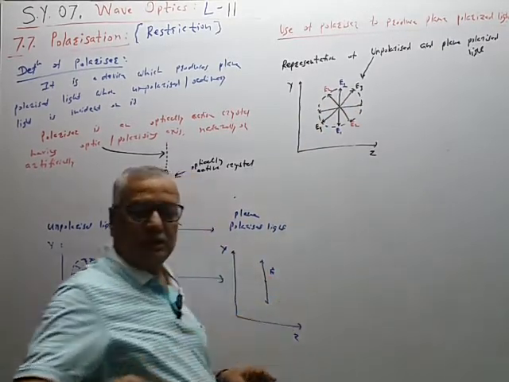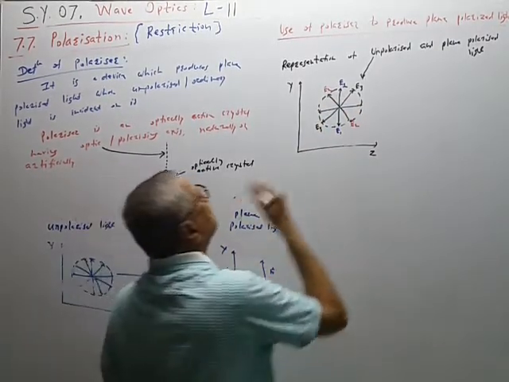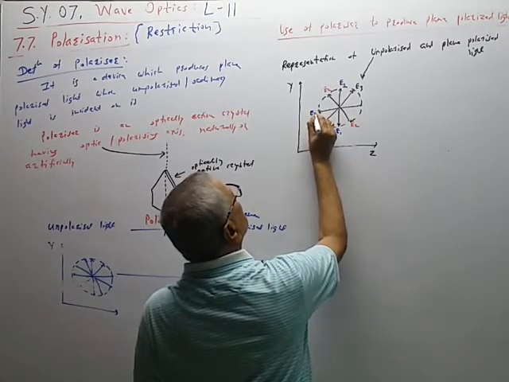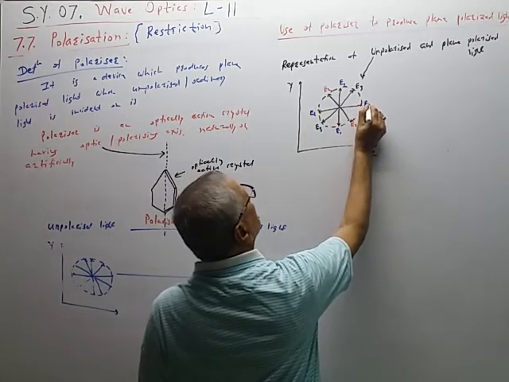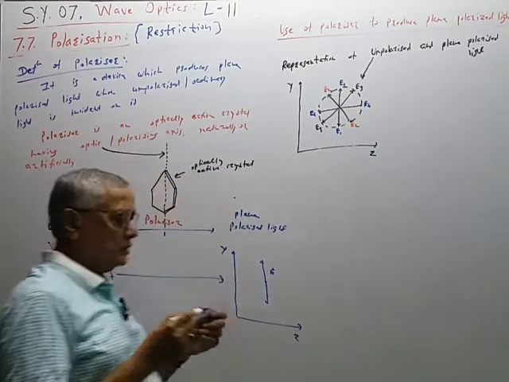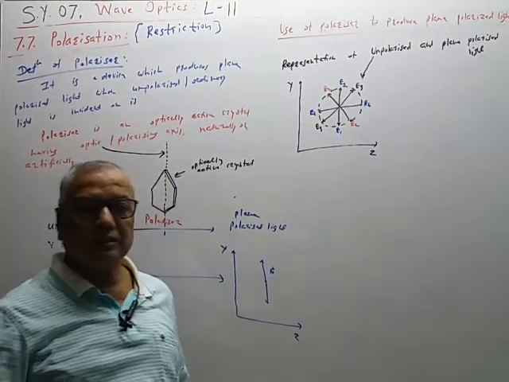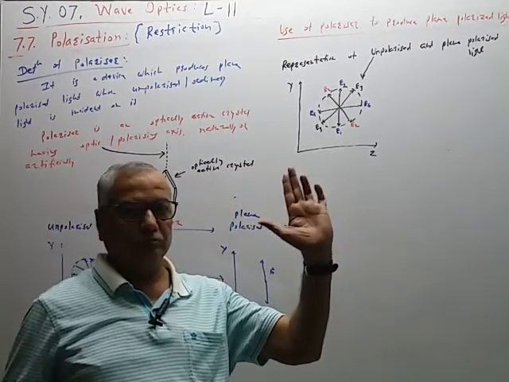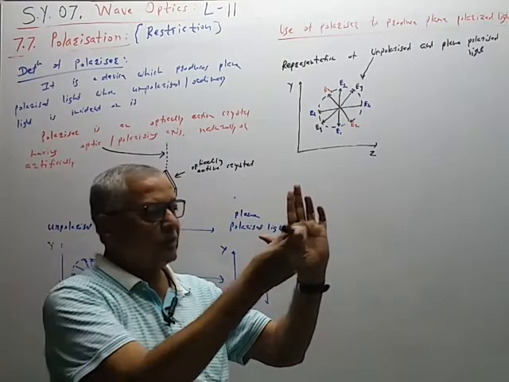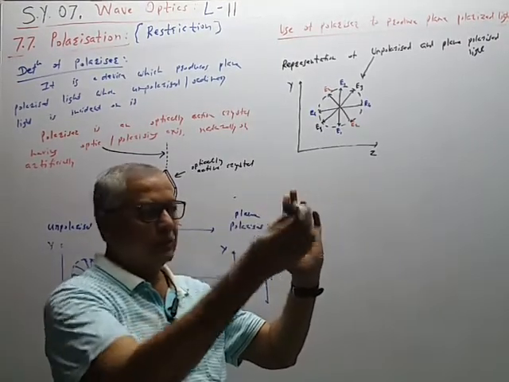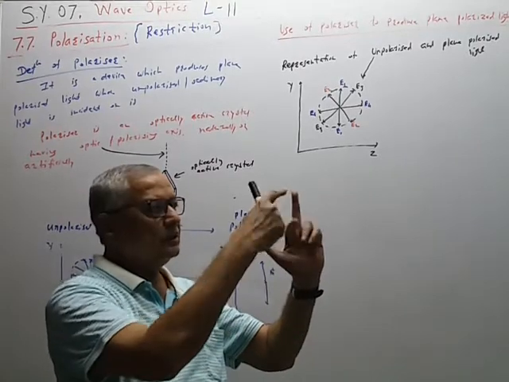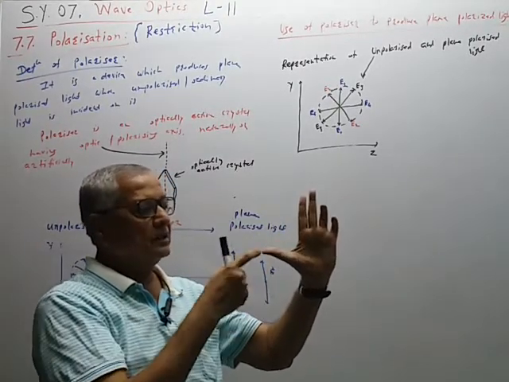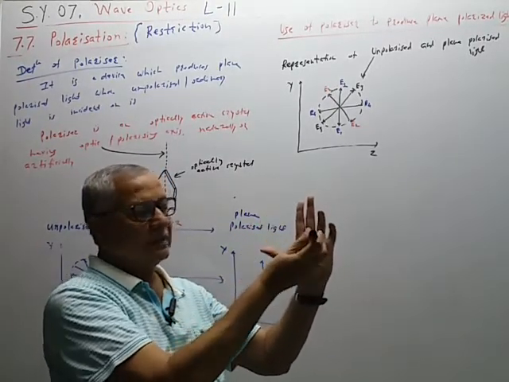And this one is E4. So these vectors are in the y-z plane, and the wave is traveling in the x direction. So this is the x-axis, this is the y-axis, and this is the z-axis.